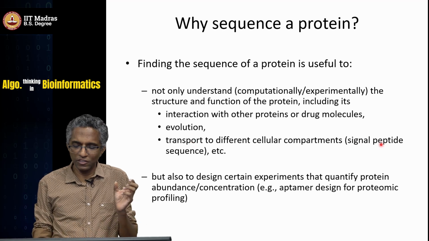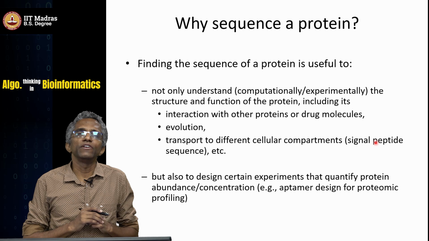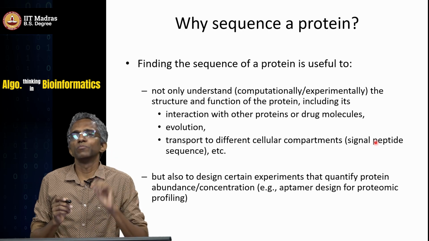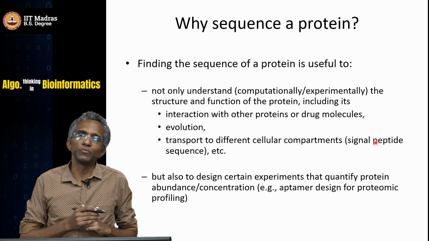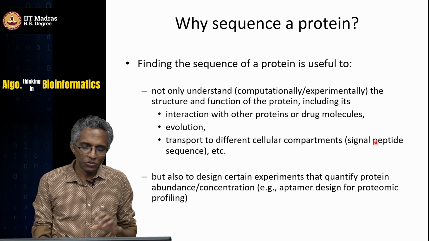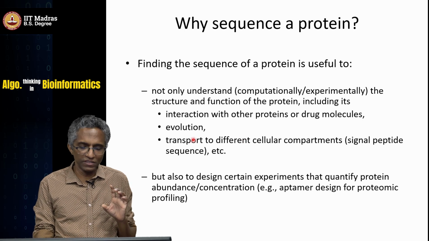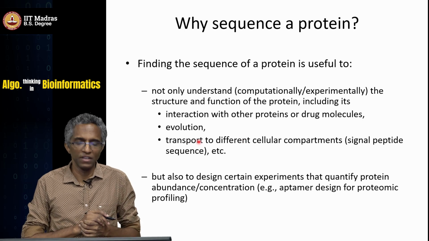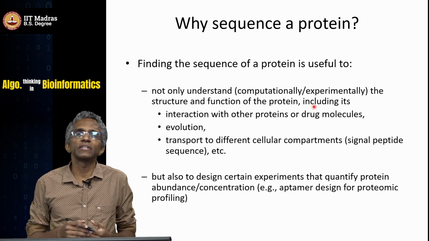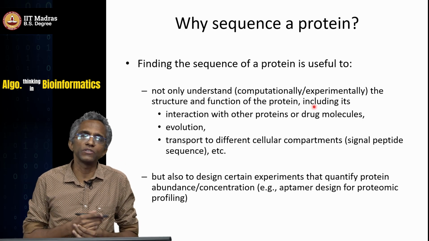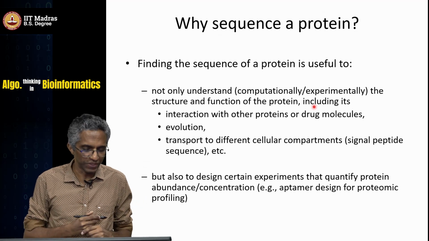There are small peptide sequences called signal peptides that are attached to the end of these proteins, which are like a barcode or zip code that tells where the protein should be shipped within a cell. So understanding the amino acid sequence, the peptide sequence, will tell us information about all of these things. Computational or experimental methods that try to understand the structure and function of proteins can greatly benefit from knowing the sequence of amino acids in the protein.